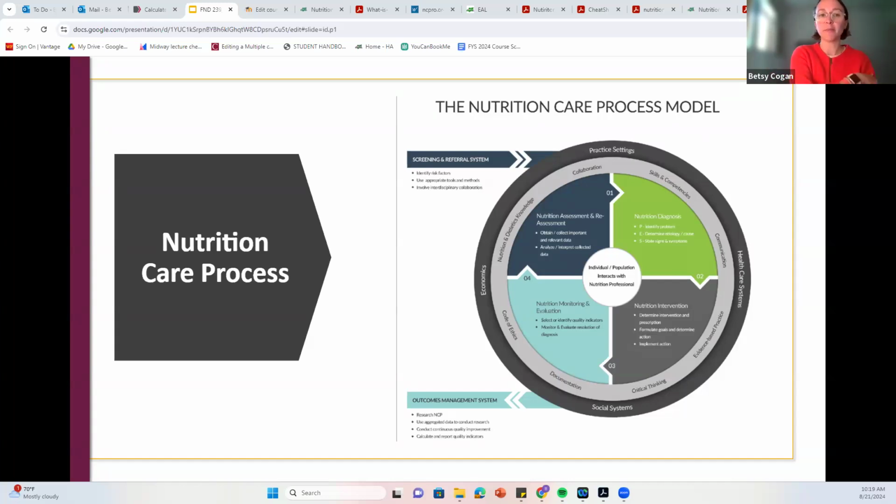We'll do a big overview of what the NCP is, but this semester we'll be using the NCP as a framework to help us approach different cases and think of ideas of what the problem is, how we can assess for those problems, how we are going to diagnose that problem using nutrition diagnostic terminology, and then how we are going to treat that problem, monitor and evaluate that problem.